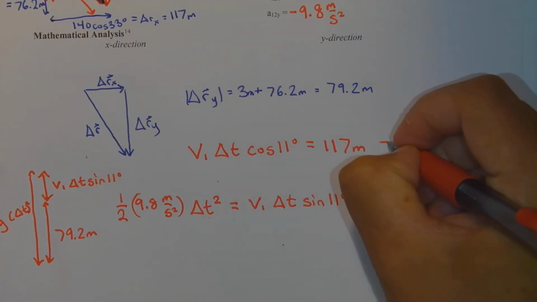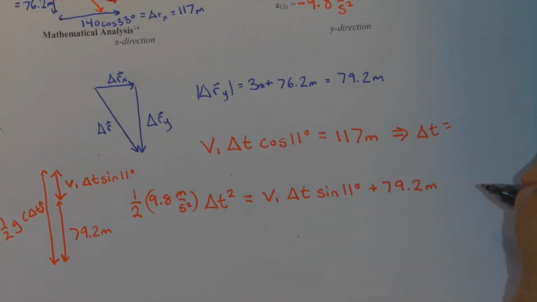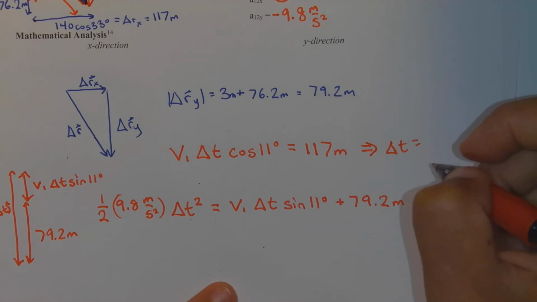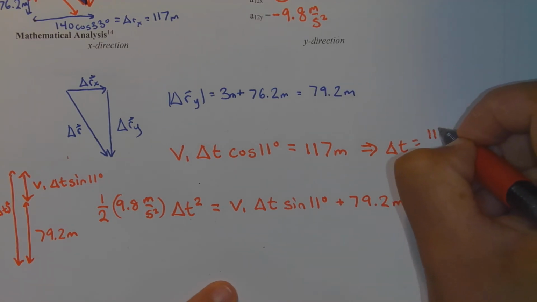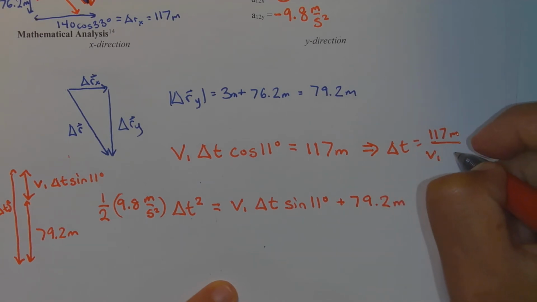Let's solve this for delta t. So I have delta t is equal to 117 meters divided by v1 times cosine of 11 degrees.